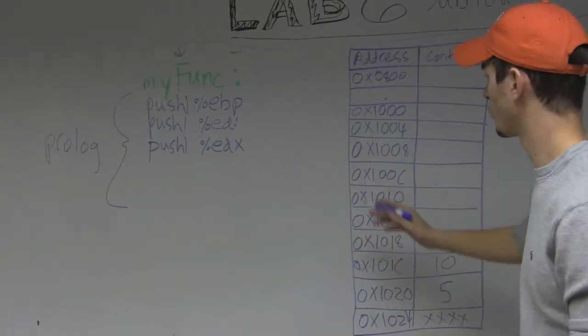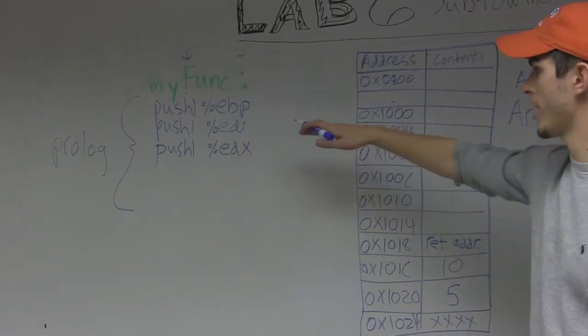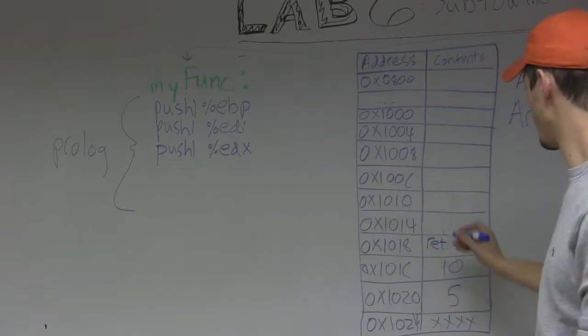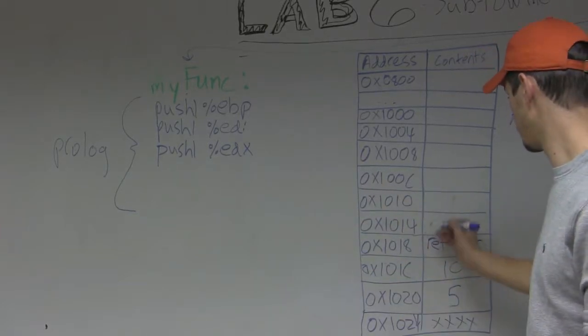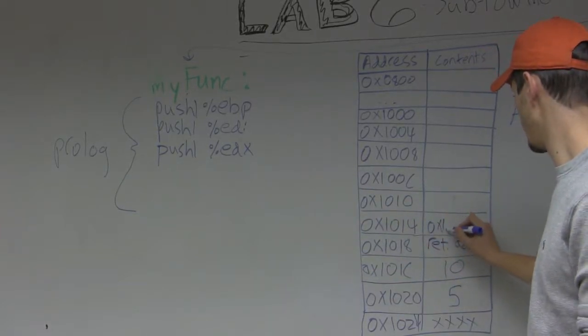So we can say whatever address is pointed to by the base pointer, let's call it, say, 0x1030.